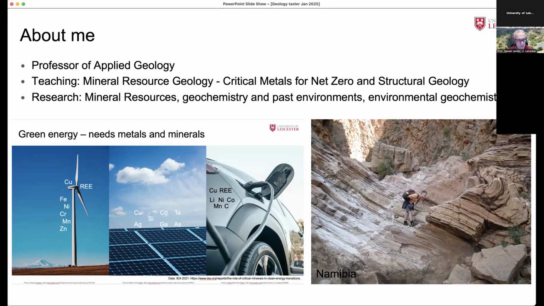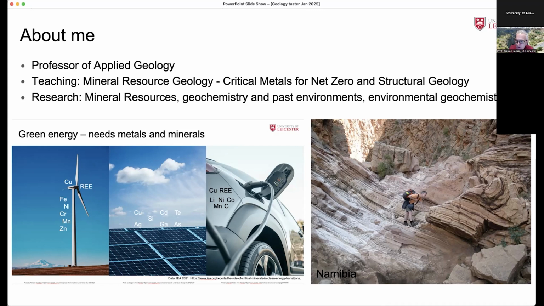It's absolutely critical that we get these metals so we can develop green energy and reduce carbon emissions, but we don't want to make the planet worse by doing that. So this is the real challenge that we face, and this is the sort of thing that we're teaching you about, and this is the second year module when I introduce you to these problems.